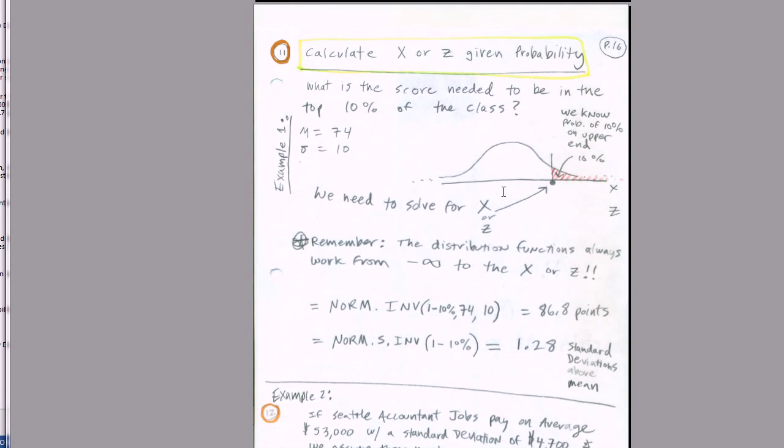But if you do 1 minus, all of this is 90. And then it will spit out the z or x value. We'll use NORM.INV when we want our x, and NORM.S.INV, the standardized z score, when we want our z. We'll either get points directly from our x value or number of standard deviations above.